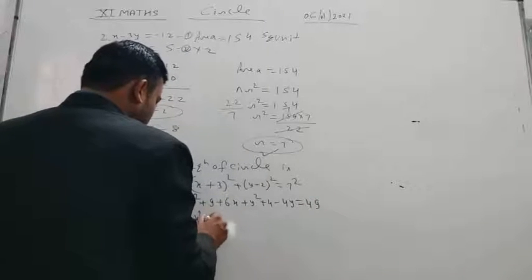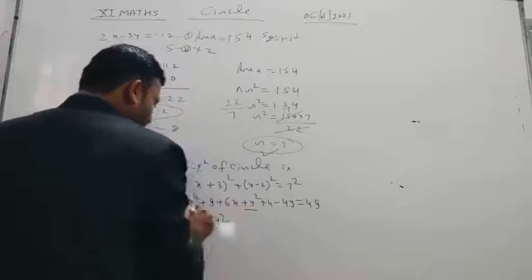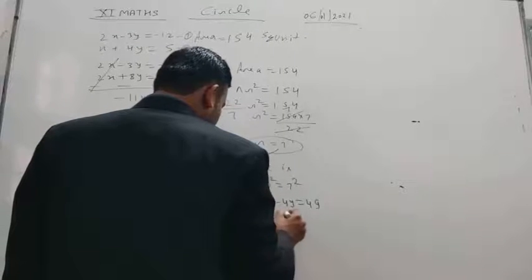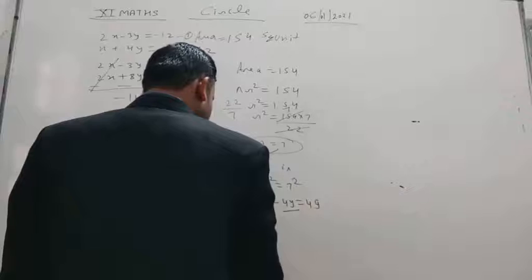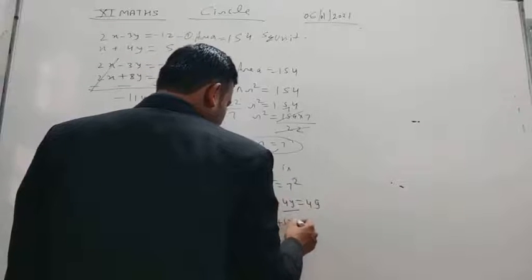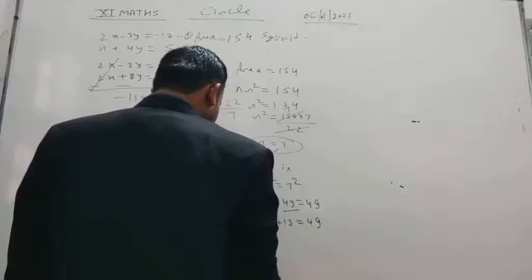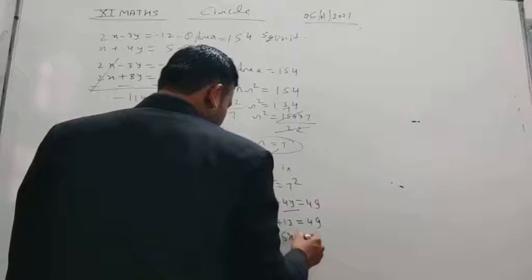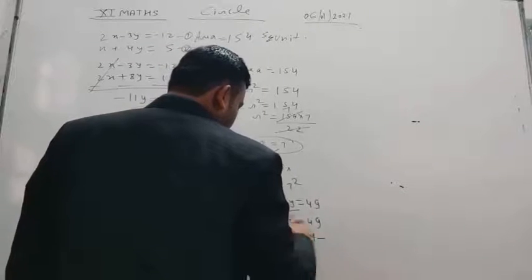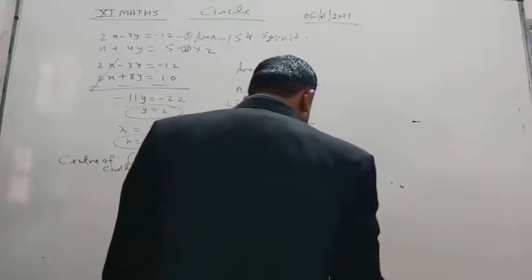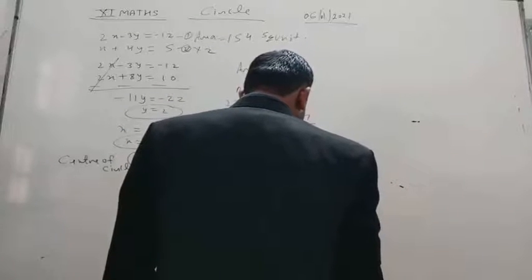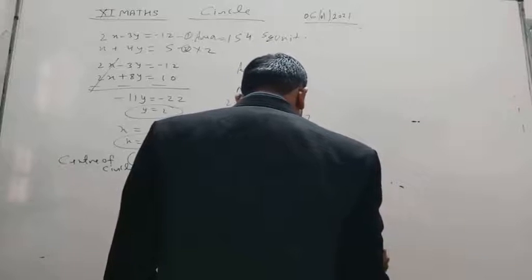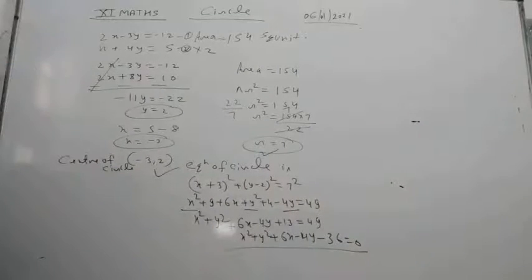So x square plus y square plus 6x minus 4y, and 9 and 4 is 13. This is 49. So x square plus y square plus 6x minus 4y minus 36, and this is 13 minus 49, which is minus 36.